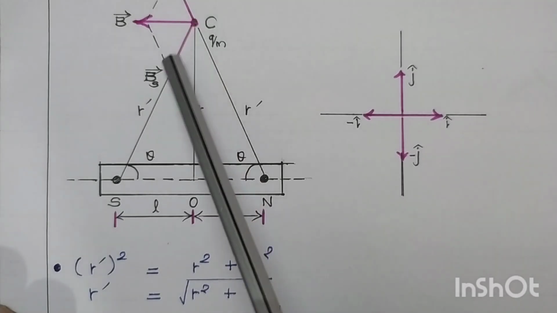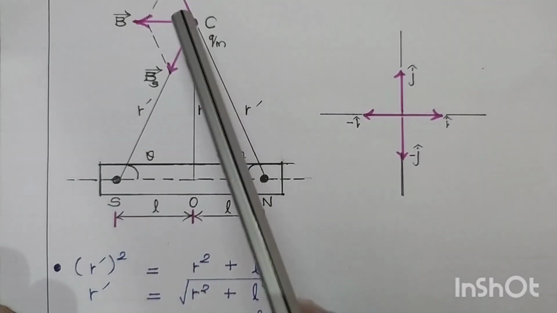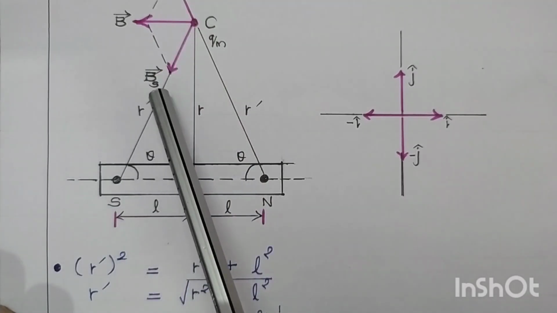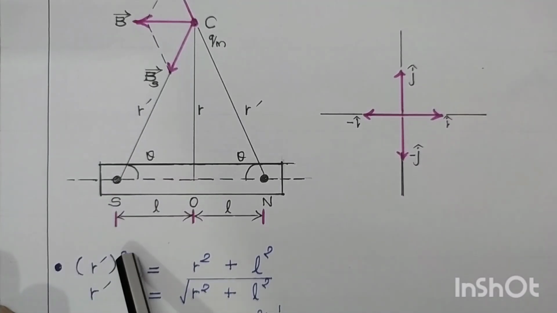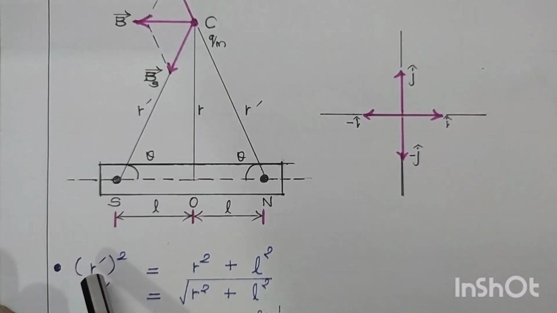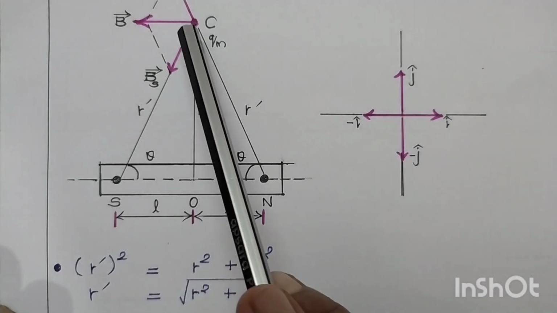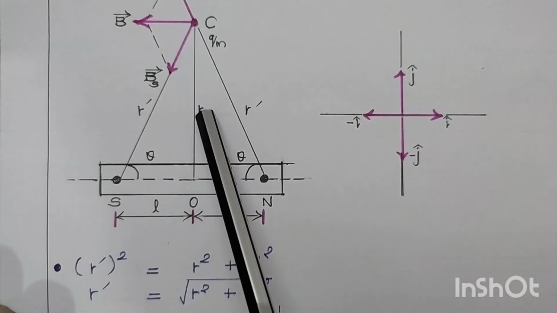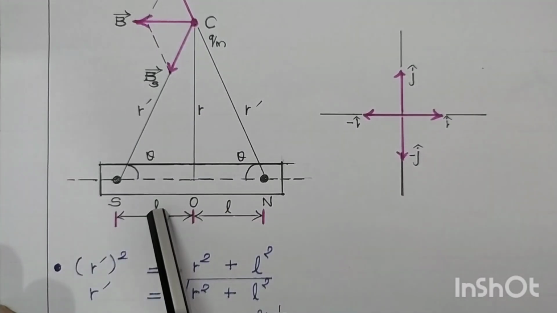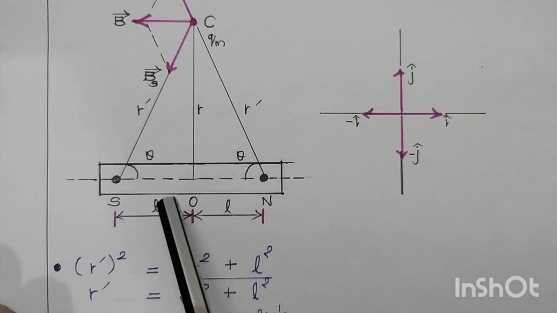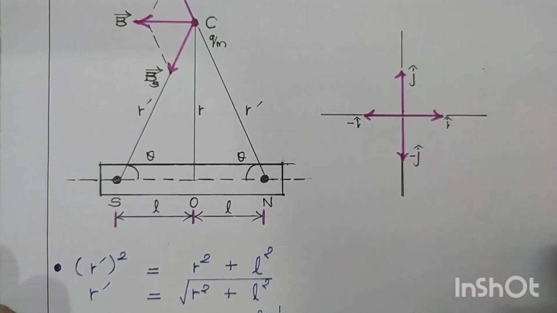So let us take this right angle triangle, whose hypotenuse is r dash. So r dash squared, the square of the hypotenuse, is equal to the sum of the squares of the other two sides. One side is r and the other side is l. So square it and also square this one, and add them: r squared plus l squared. This is what the Pythagoras theorem says.